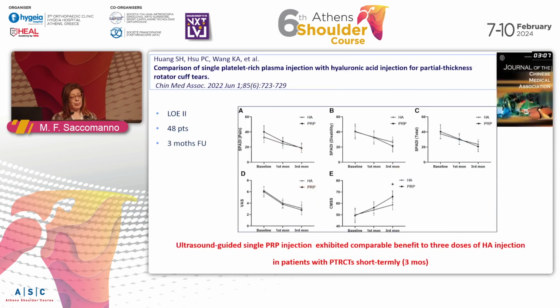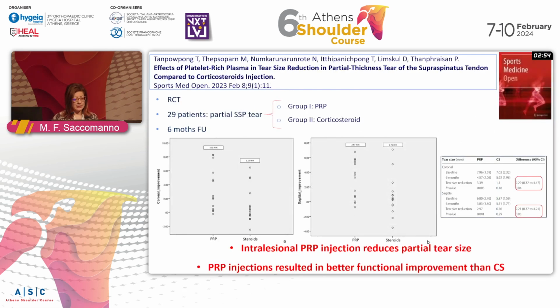When we compare PRP with hyaluronic acid, basically they have the same effect. They can last 3 to 6 months with comparable benefits. But as we know, costs are pretty different. This is a study I would be cautious about being very happy with, but at least it needs to be mentioned because it's a randomized clinical trial.